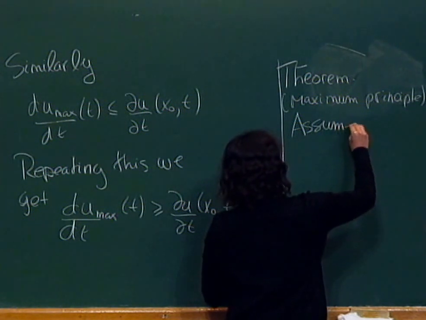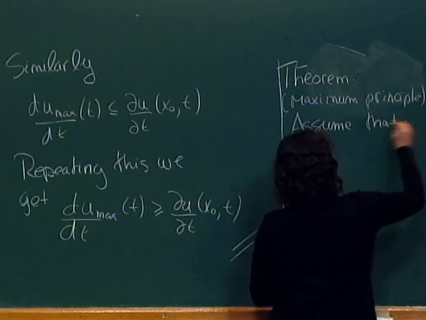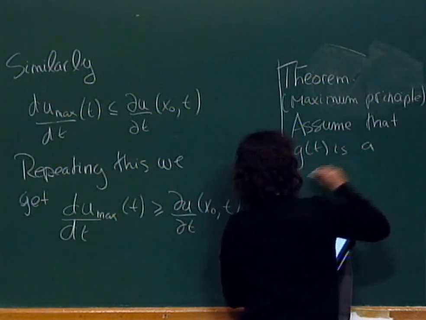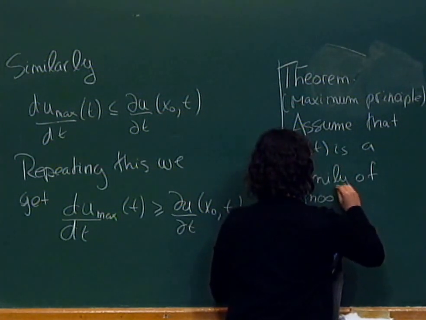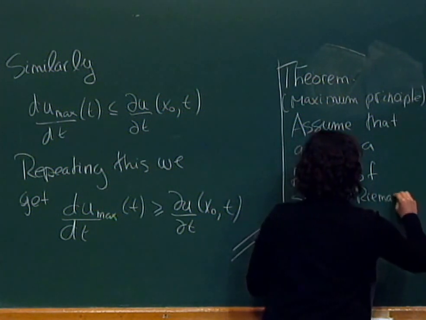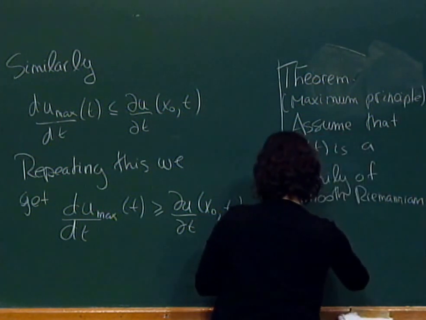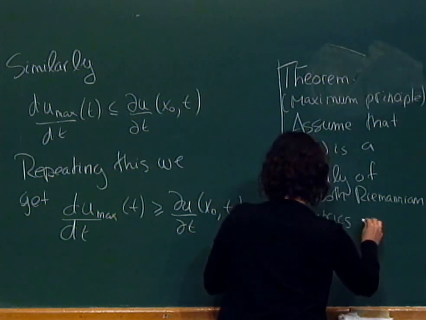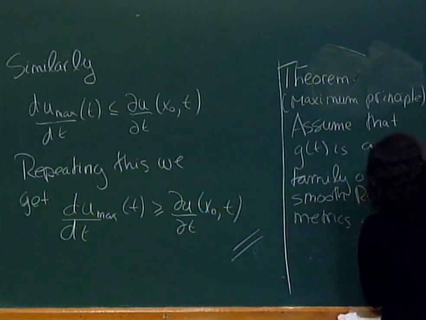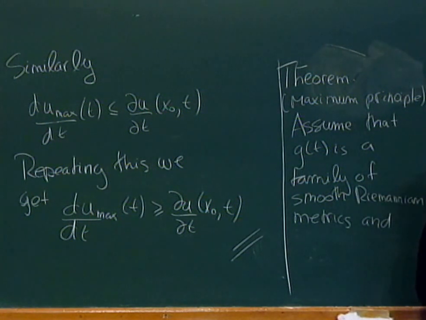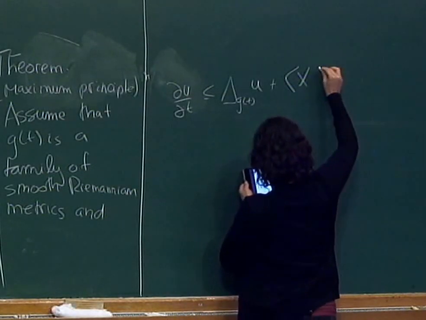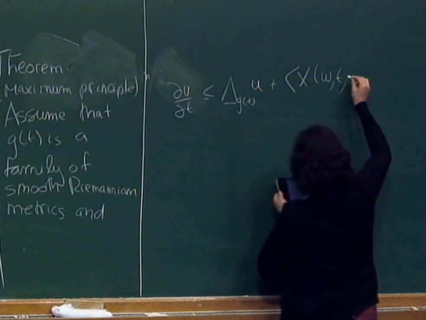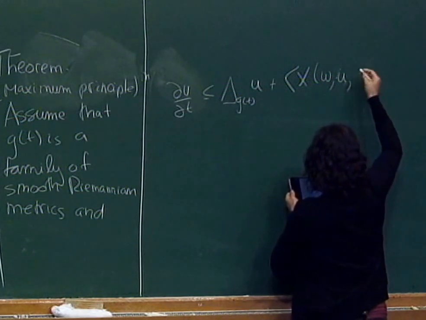Assume that you have a family of Riemannian metrics, and that u satisfies something like this, plus terms with u and the gradient of u.